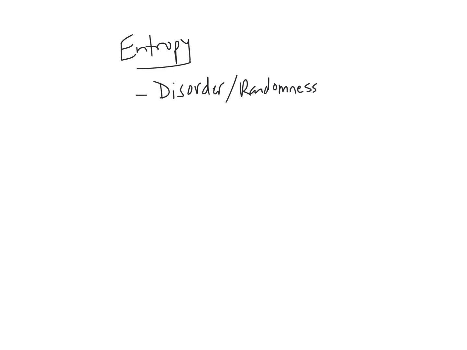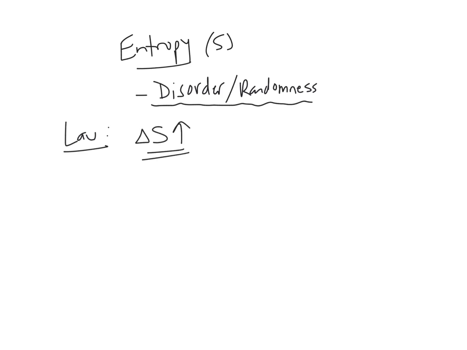And then alongside that, we have this concept of entropy, okay? Entropy, denoted by the symbol S, is generally speaking a measure of disorder and randomness. So we have this natural law, I forget which law of thermodynamics it is, but there is a law in the universe that basically the change in entropy always increases. Okay, so things fall apart, things have a tendency to move to a greater state of disorder and randomness.